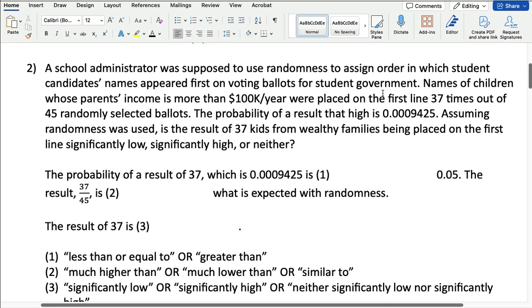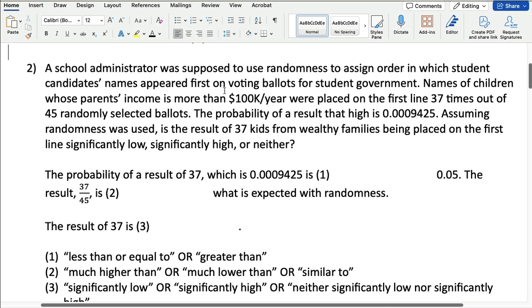So you're putting names on ballots, and there's always an advantage to the person whose name appears first. That choice is supposed to be not alphabetical order. It's supposed to be based on a random selection or a random process. And so apparently someone was questioning, is it truly a random process at this school?